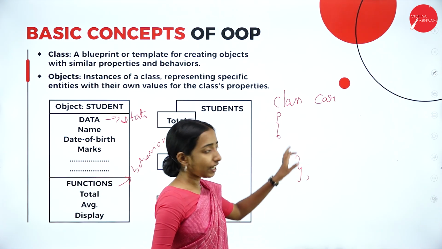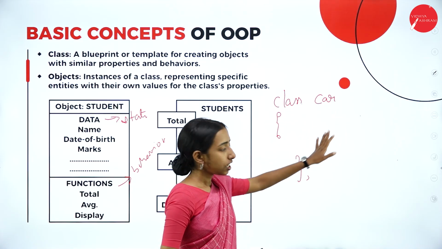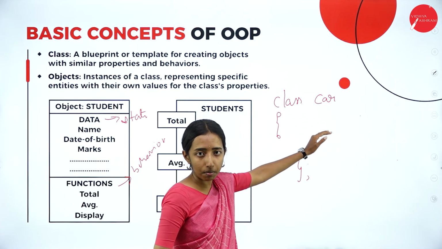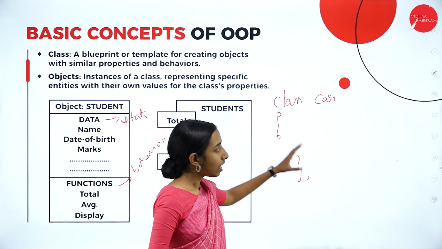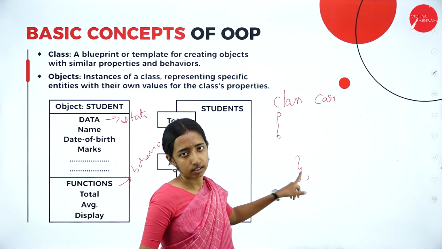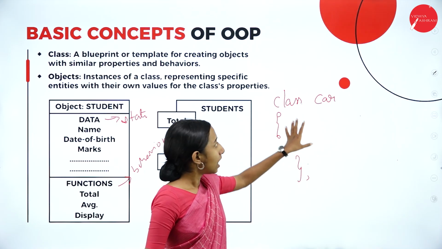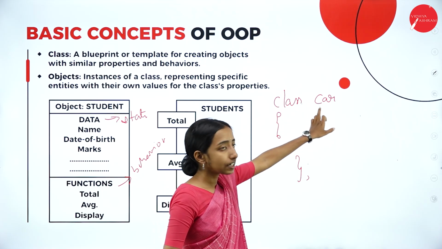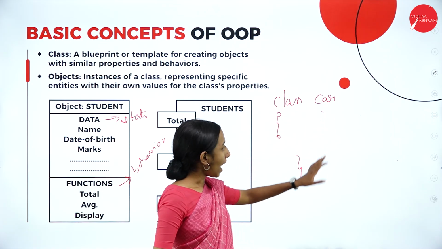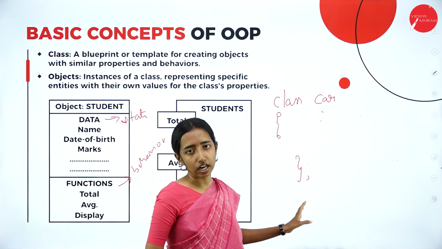So now I have taken class and the class name called car. Here we will have the data members and member functions. A class always ends with a semicolon. So this is an example to create the class: a class keyword and a class name, and here we will have data members and member functions.